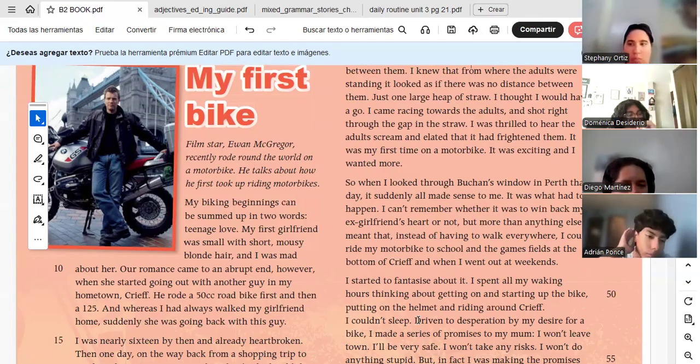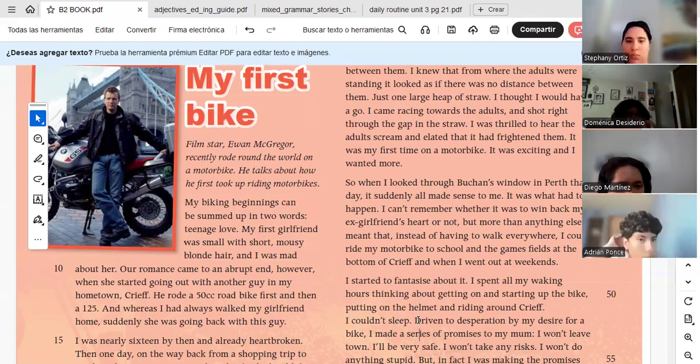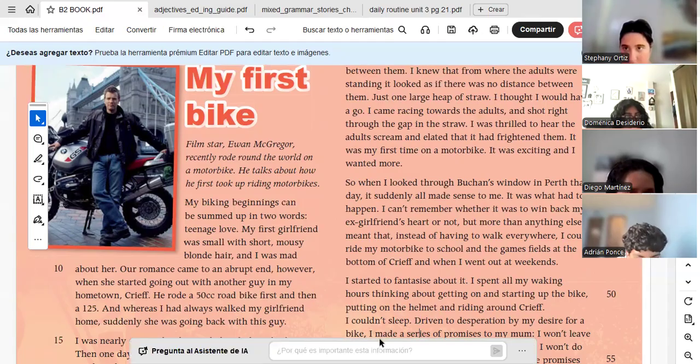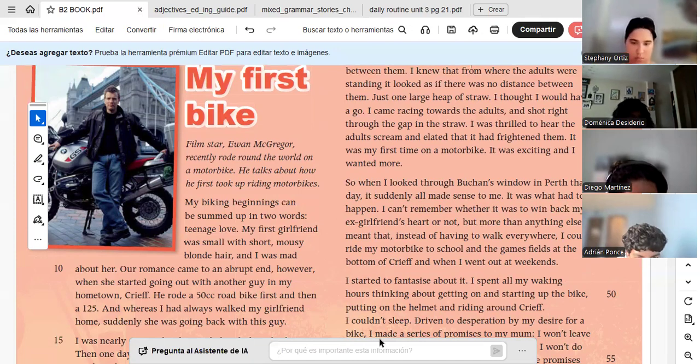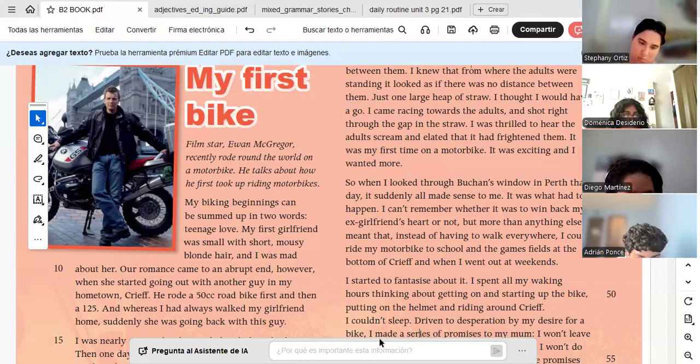Film star Ewan McGregor recently rode around the world on a motorbike. He talks about how he first took up riding motorbikes. My biking begins can be summed up in 2 words: teenage love. My first girlfriend was small with short, mousy blonde hair, and I was mad about her.